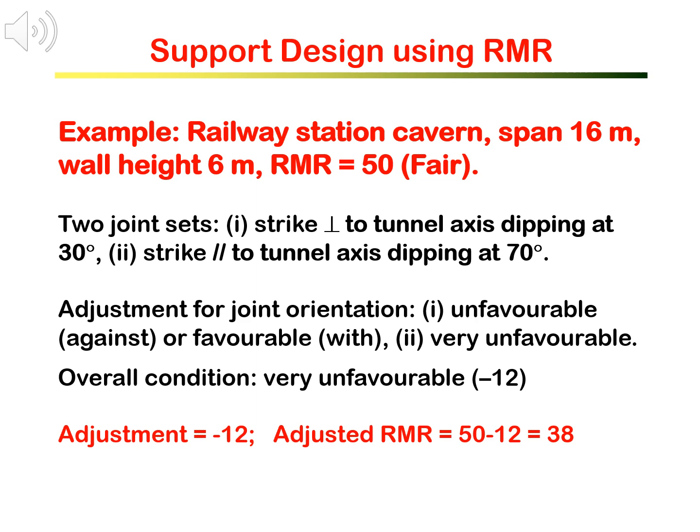For joint set 2, with the steep dip angle and parallel to the tunnel, the condition becomes very unfavorable. Therefore, the overall condition is very unfavorable, and the adjustment is -12. The adjusted RMR is 50 minus 12, which is 38.